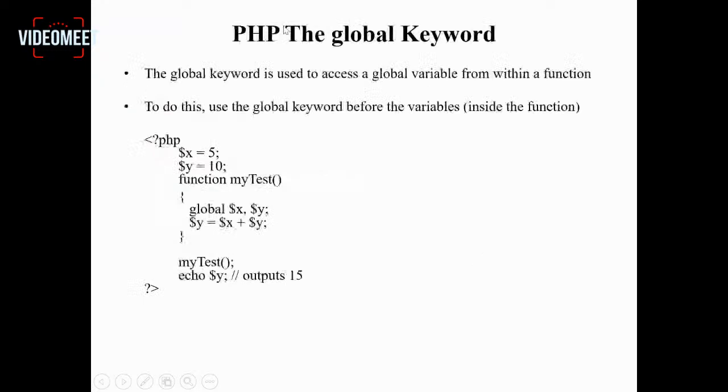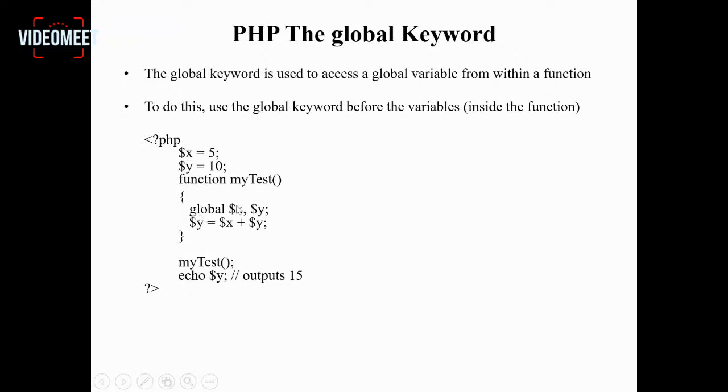Then I also showed you a solution for using the global keyword and accessing the global variables even inside a function. So in this program, $x = 5 will become a global variable, and $y = 10, both will now become global variables. But can I access these global variables inside this myTest function? No. But if I want to access them, what I have to do is redeclare these two variables inside the function, whichever function you want.